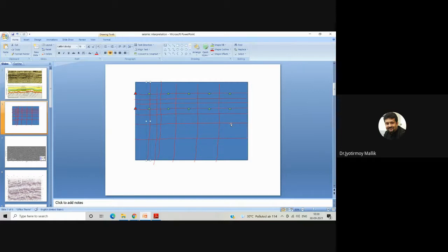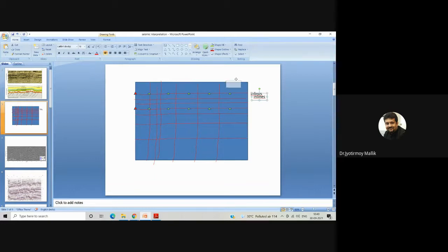Now parallel to the strike direction, parallel to the strike of the beds, the seismic lines that are shot are called inlines. And then the perpendicular ones are generally called cross lines.